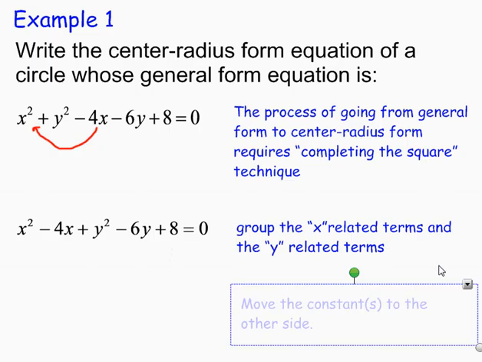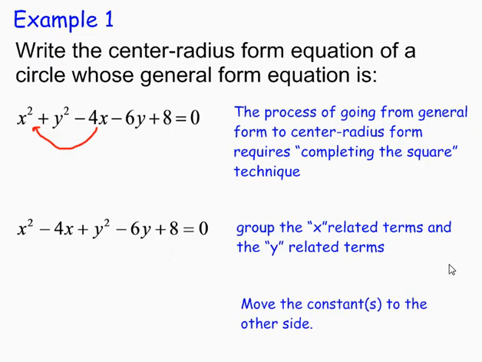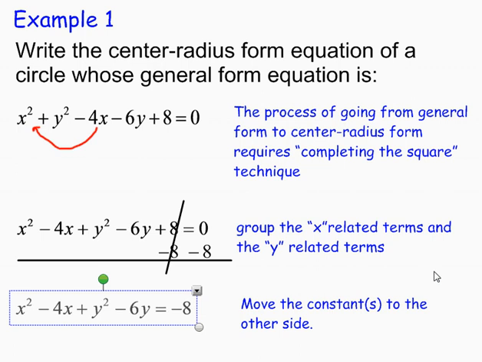Next, move the constants to the other side. In this case, there's only one constant, so we move that to the other side, minus 8, minus 8. Those cancel out, and we get this.